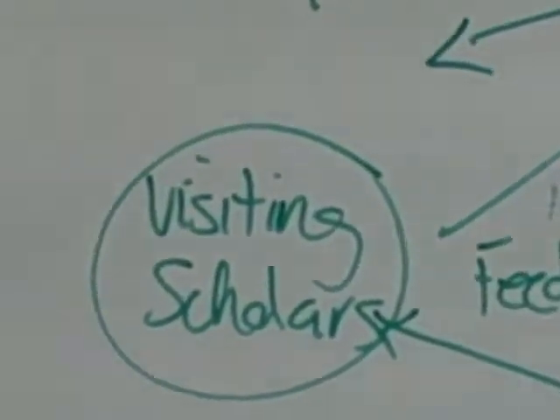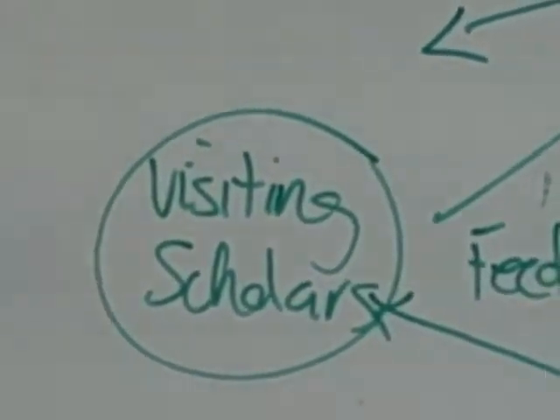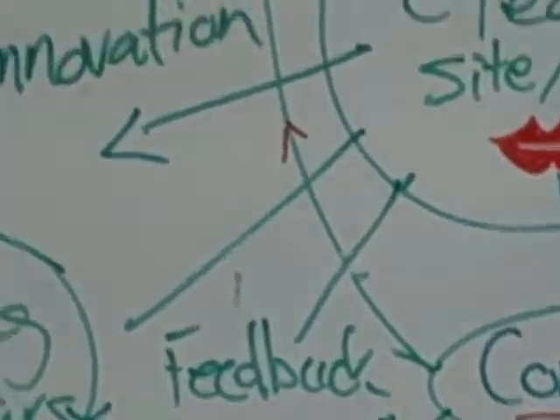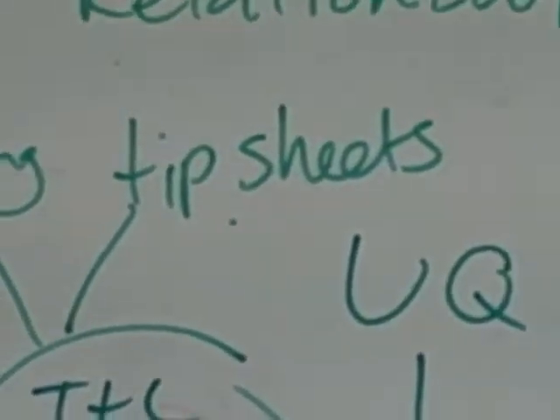Our visiting scholars would be contributing to those podcasts and vodcasts. We've got a feedback mechanism on the site. We're trying to push out ideas around innovation. We've got things like our teaching and learning grant outcomes being disseminated through the site, through things like the eLearning Expo and the vodcasts we do for those, the tip sheets, etc.